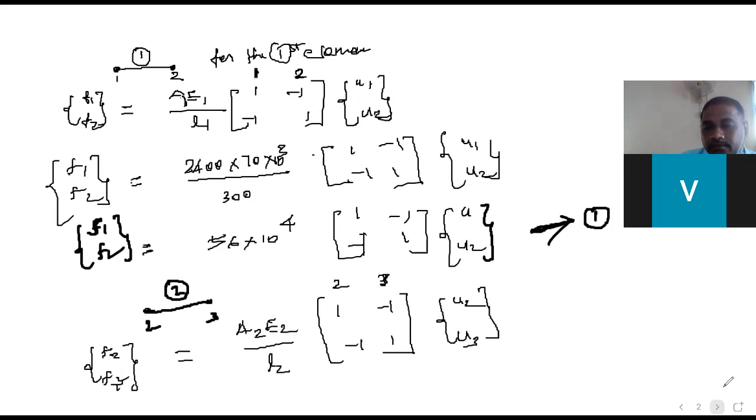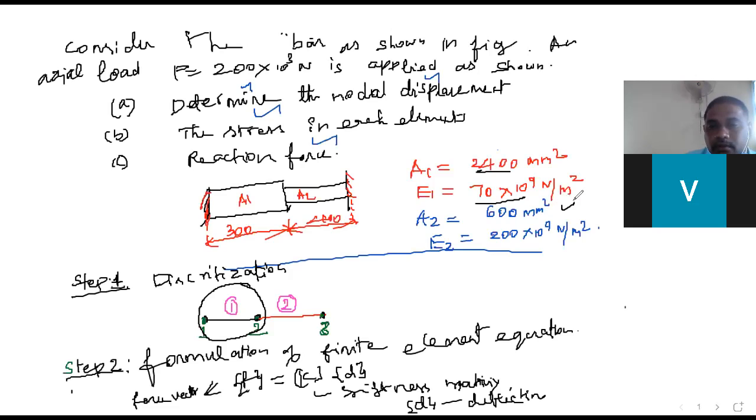And next, if you substitute the values for A2, E2, and L2, what is A2? A2 is equal to 600 mm square. E2 is equal to 200 into 10 power 9 Newton per meter square, which converted to mm square is 200 into 10 power 3 Newton per mm square.